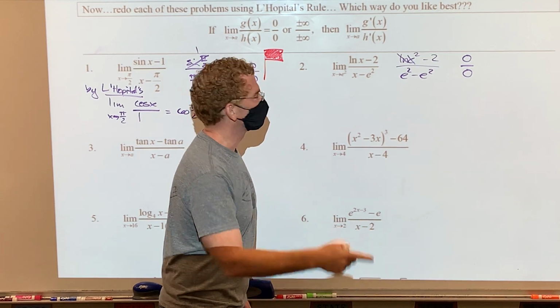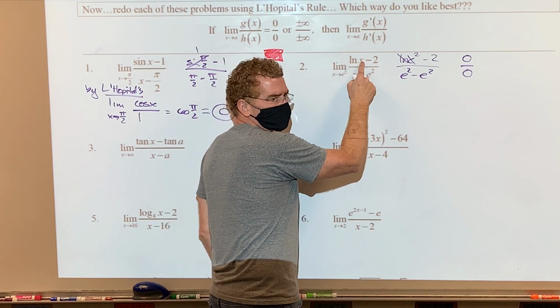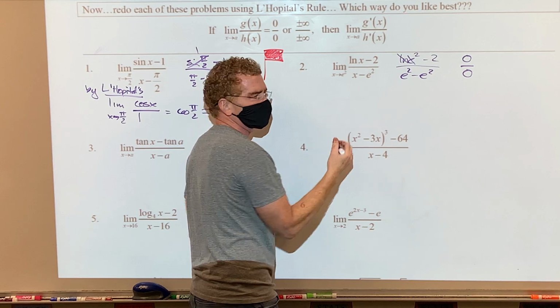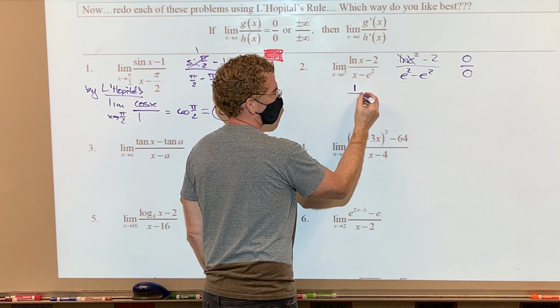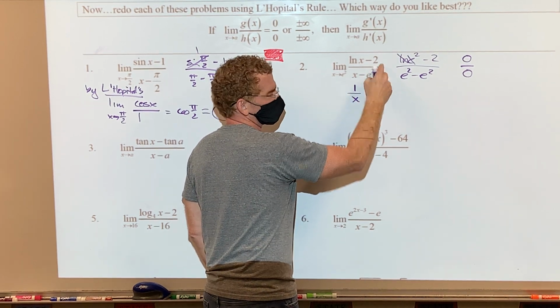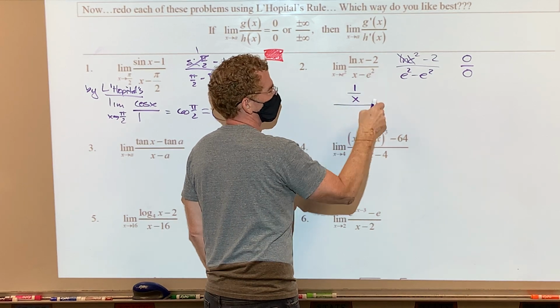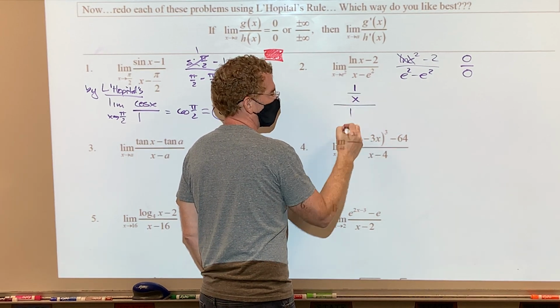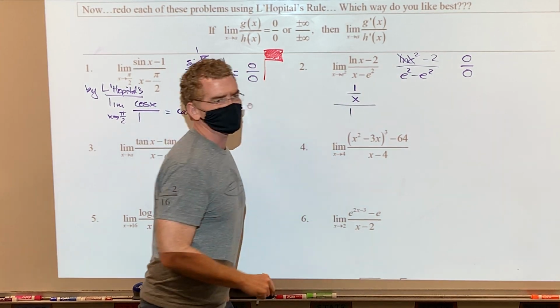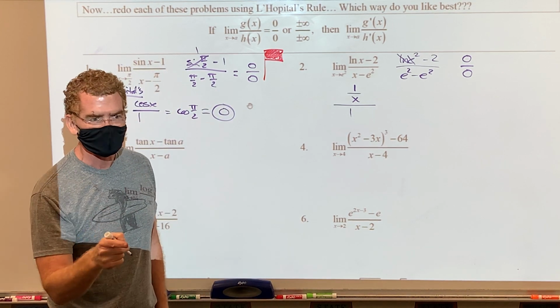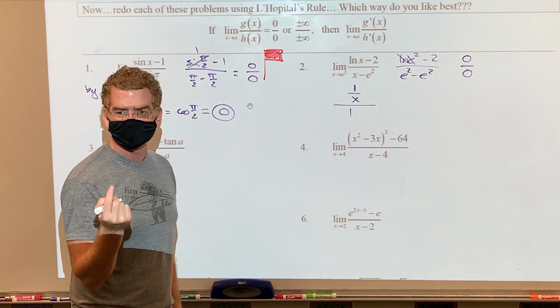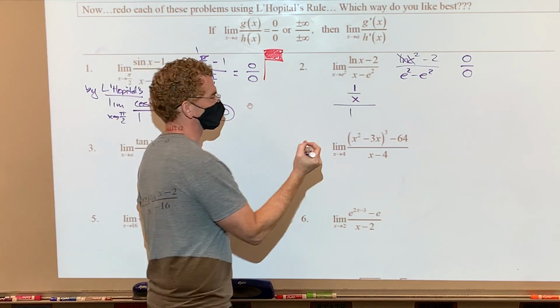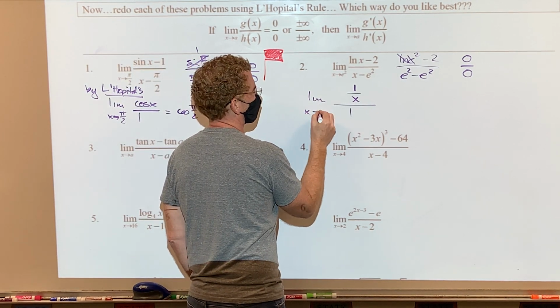So what do we do? Derivative of ln x. What's the derivative of an ln x? 1 over x. What's the derivative of 2? 0. What's the derivative of x? What's the derivative of e squared? Not 2e, because e is a what? It's a constant. So what's the derivative of constant squared? 0. Redo your limit.